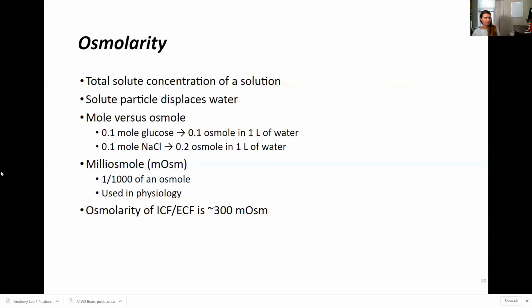So if we're comparing the molarity of sodium chloride to the osmolarity of sodium chloride, we're going to multiply by 2 because of this dissociation of sodium chloride into sodium ions and chloride ions. So 0.1 moles of sodium chloride would be 0.2 osmoles in 1 liter of water. Because they pull apart, they're now 2 particles. We're going to say it's 0.2 osmoles, which is twice the number of moles we started with before they pulled apart.